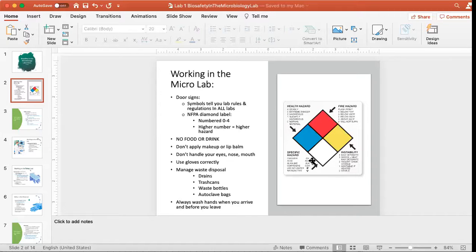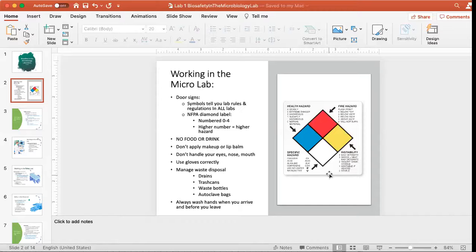So all laboratories are required to post this on the doors. And it's there so that you can know whenever you walk into a lab, what hazards you are walking into, essentially. Because all labs are not equally hazardous to you. Some labs have a very low hazard, and some labs have a very high hazard to them.